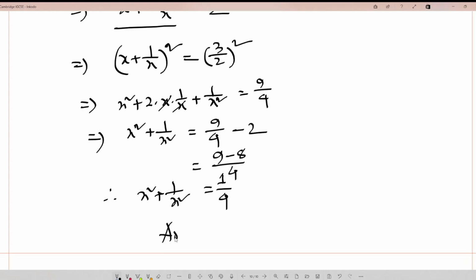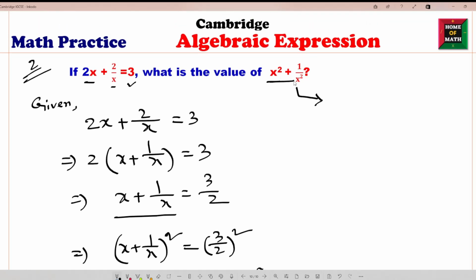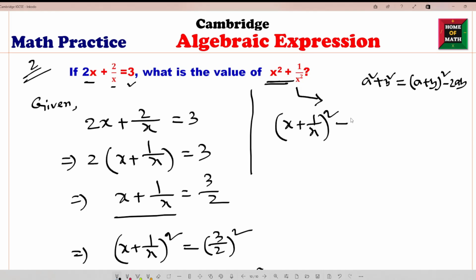Our answer is 1 by 4. But we can also do it from here. We know a square plus b square means a plus b whole square minus 2ab. So we can write x plus 1 by x whole square minus 2 times x times 1 by x.